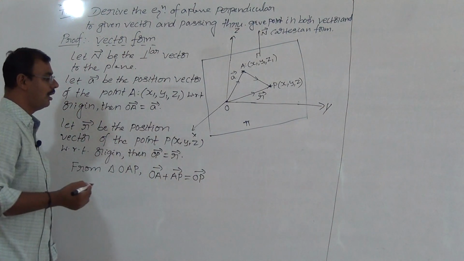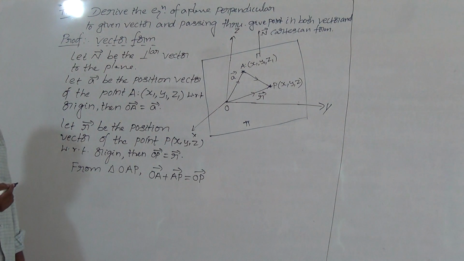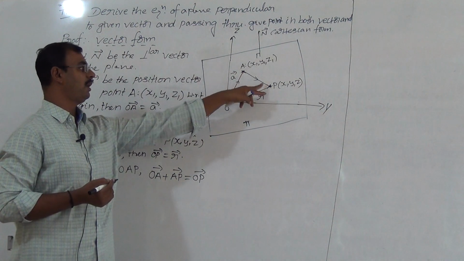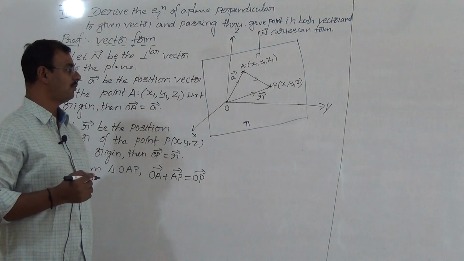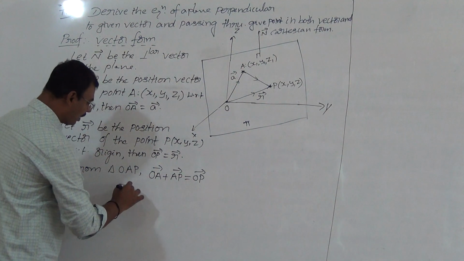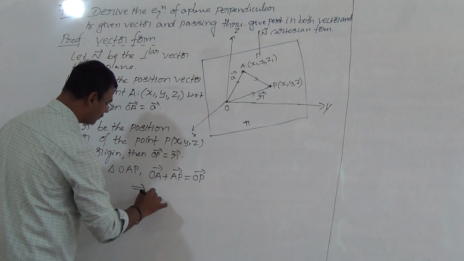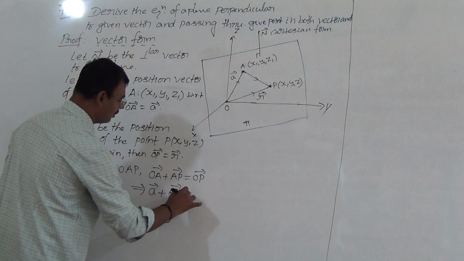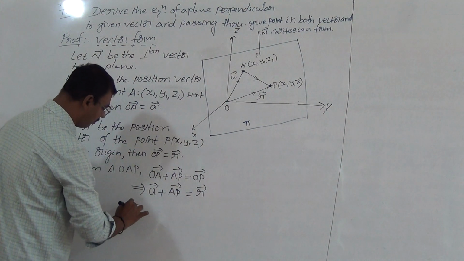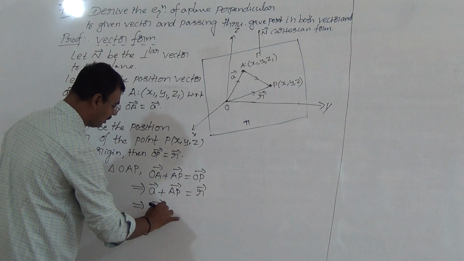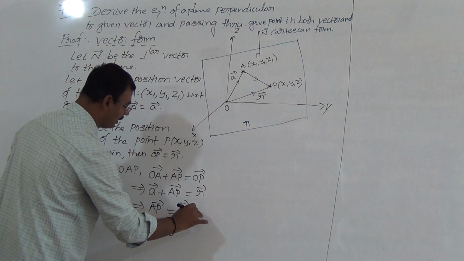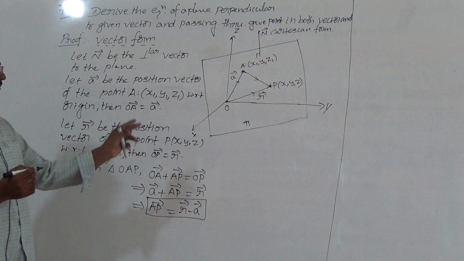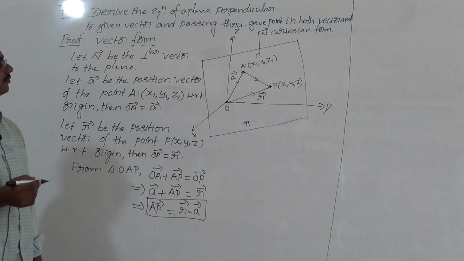We should follow direction. A vector plus AP vector is equal to R vector. So we get AP vector is equal to R vector minus A vector.